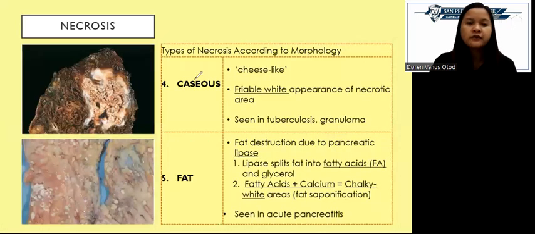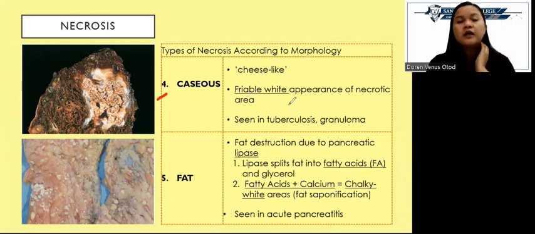Okay, so the fourth type of necrosis is the caseous necrosis. From the name itself, I think you can already picture what it looks like. So it resembles a soft, friable cheese. Okay, so this one is characterized by a collection of soft and whitish gray debris that resembles cheese.